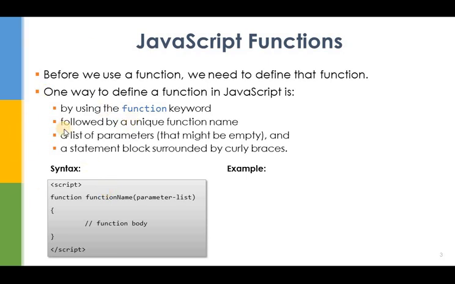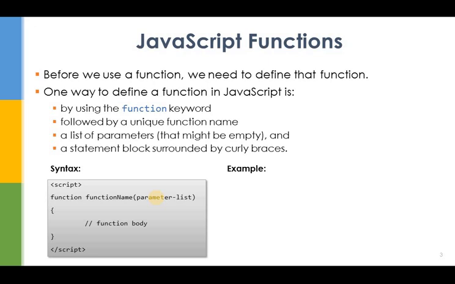You can see that over here this is the function keyword. After that, over here this is the function name, whatever name I want to give. After that, in round parentheses there is a parameter list. That means sometimes while performing some task, it needs some inputs.